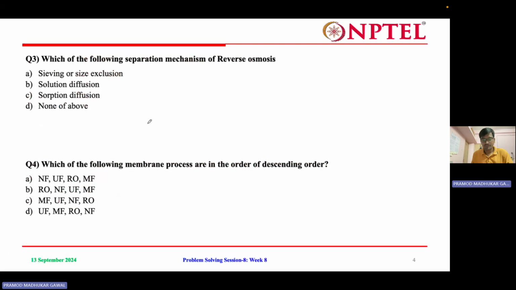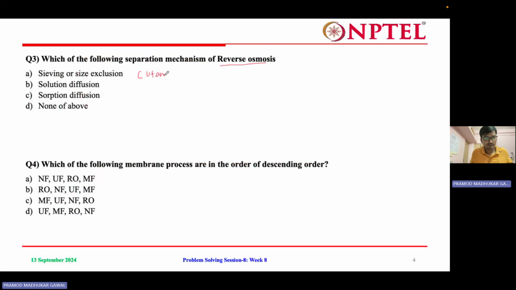Moving to question number 3: which of the following is the separation mechanism of reverse osmosis? Option A is sieving or size exclusion. This mechanism is for ultrafiltration and microfiltration.